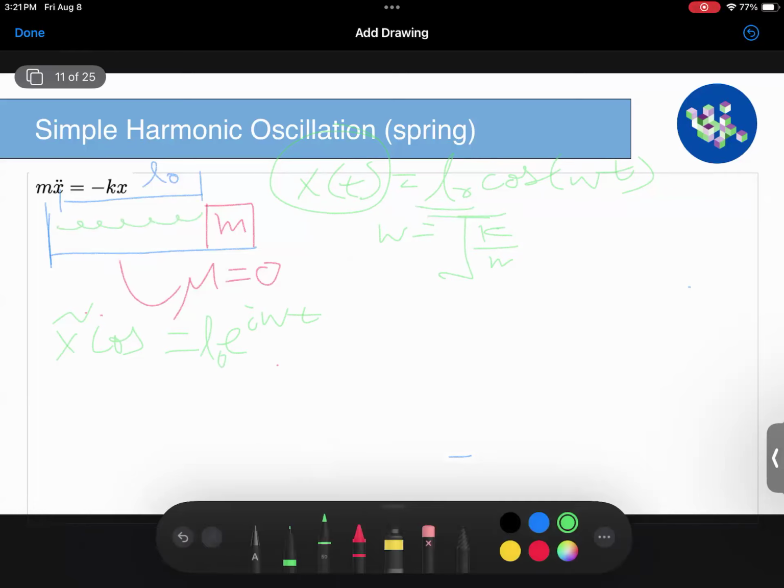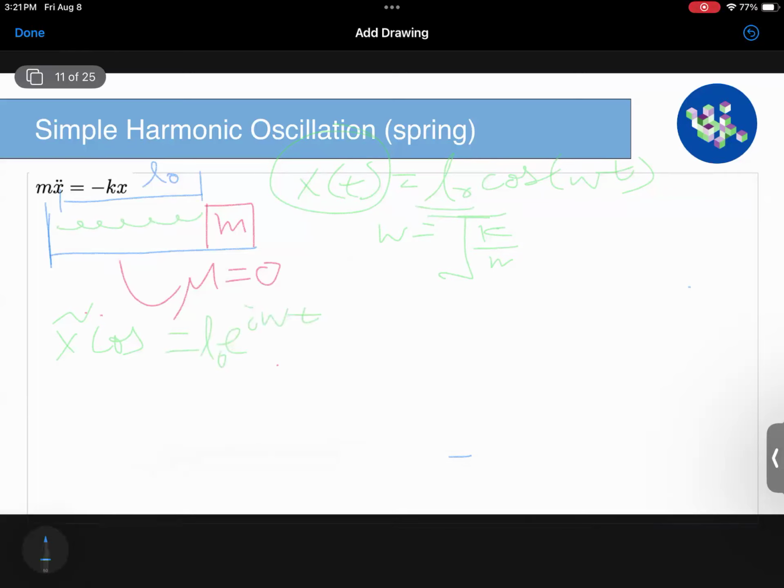If I imagine this on the complex plane, I'll draw a circle over here. Okay, that's my origin center. Notice that this circle has radius L0, and x(t), this complex number, is rotating with an angular velocity of omega.